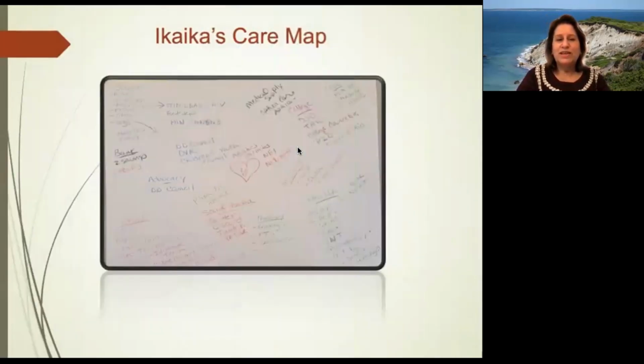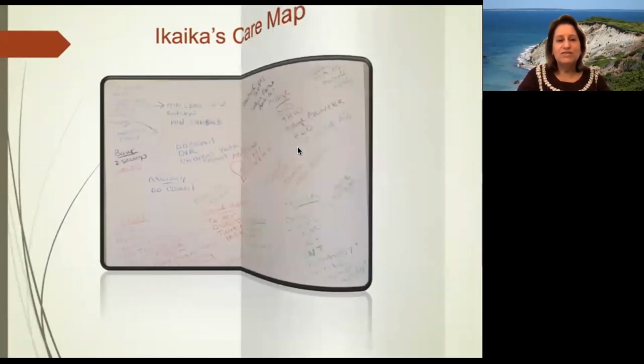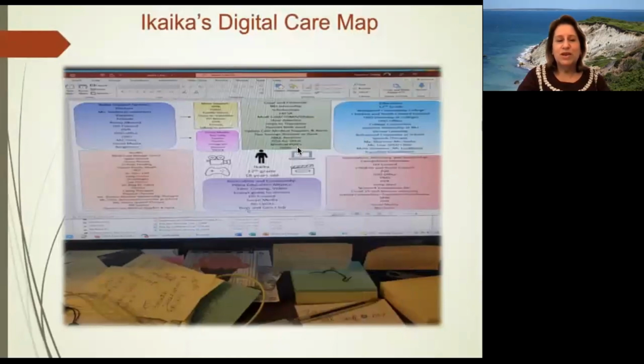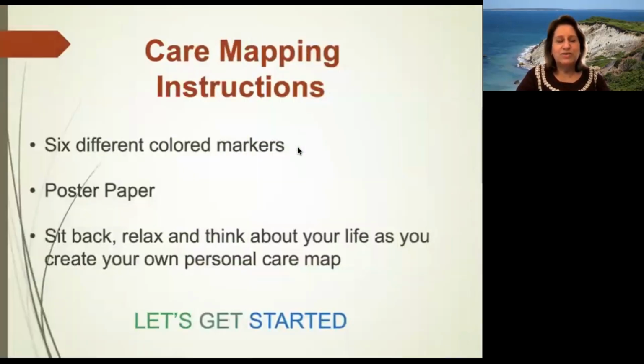And we have others we'd like to share with you. Our own Amanda Kahanui's son's care map was done both ways. It was done in writing and different colors as well as digital. So you can be as creative as you want in creating a care map for your child and with your child.